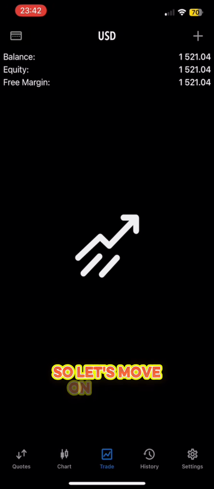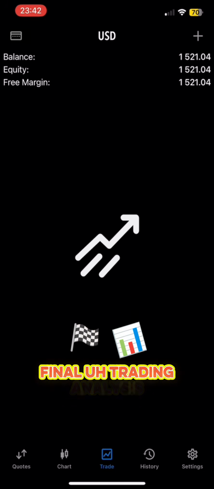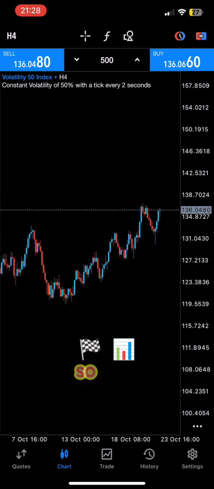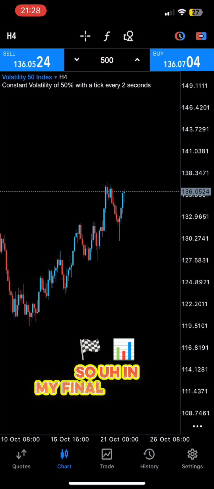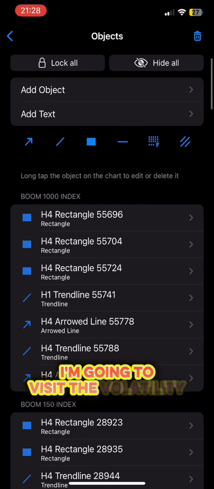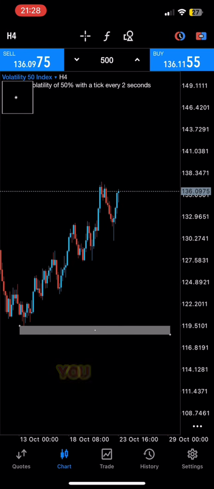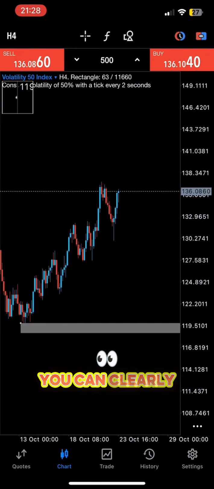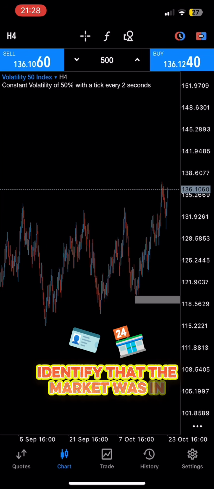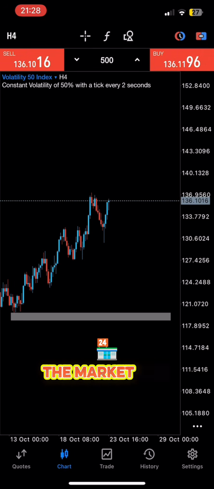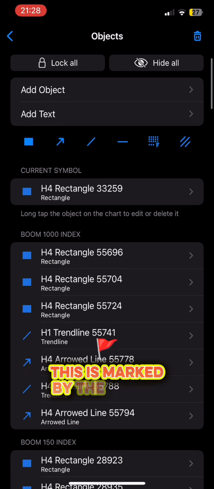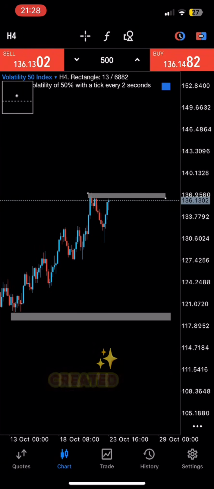So let's move on to the final trading analysis. So in my final analysis, I'm going to visit the volatility 50. So in the volatility 50, before you even do anything, you can clearly identify that the market was in an uptrend, right? This is marked by the higher highs and the higher lows that are created, right?